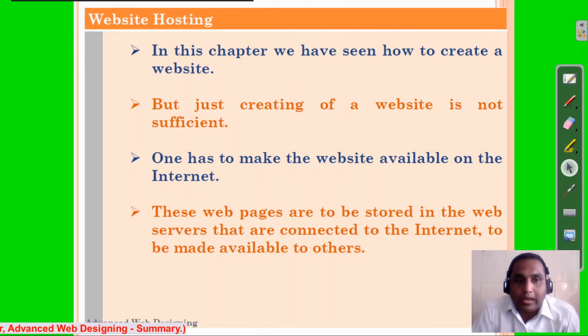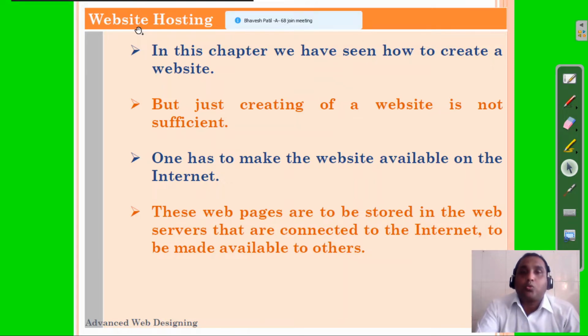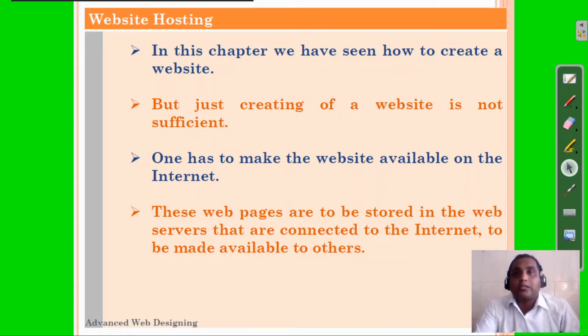Now what we are looking at is, after you design your own website, you should be able to make your website, your web pages, available to people all over the world. How do you do this? You do this with the help of web hosting.